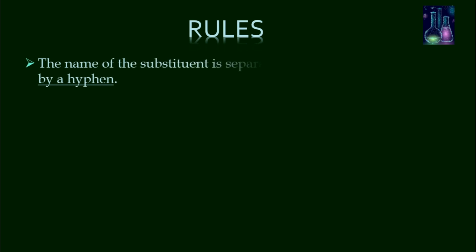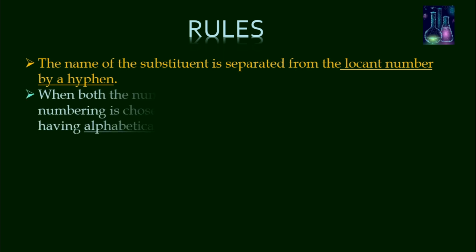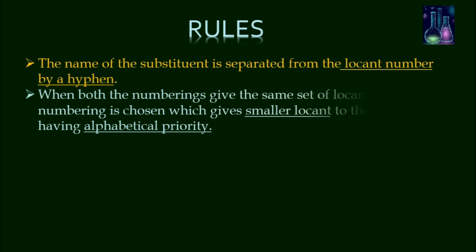The name of the substituent is separated from the locant number by a hyphen. When both numberings give the same set of locants, that numbering is chosen which gives the smaller locant to the substituent having alphabetical priority.